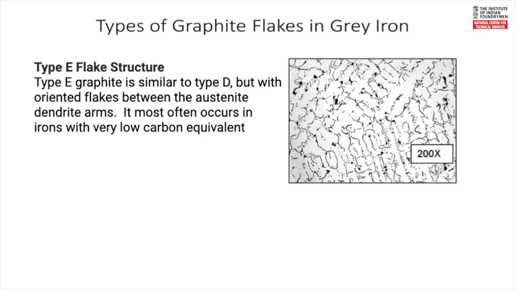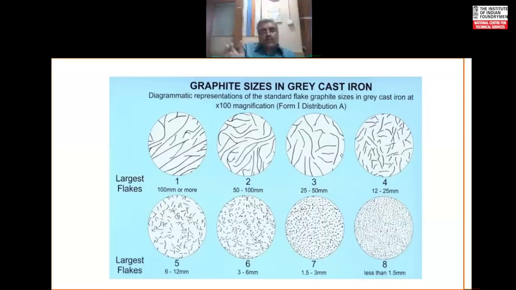Now, this was the type of graphite. Now, let us look at the sizes of graphite in cast iron, and that is what is given by this diagram. If you think back on the specification of the engine block microstructure that we saw, it specified a type of graphite with size 4 flake.